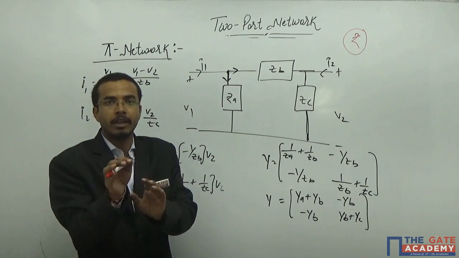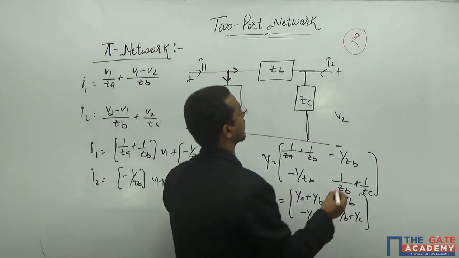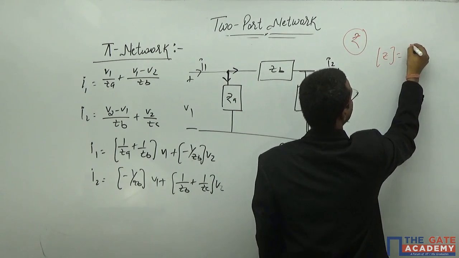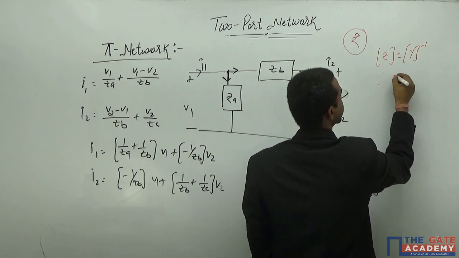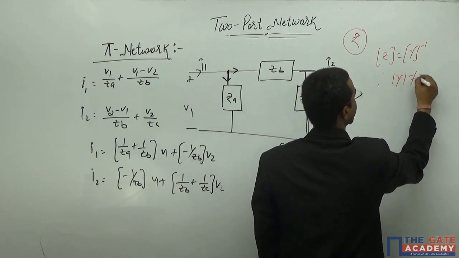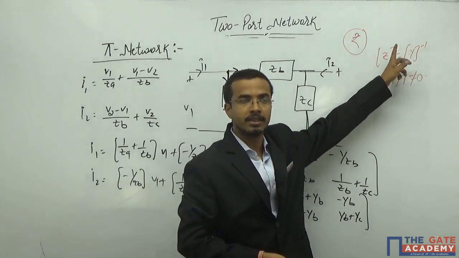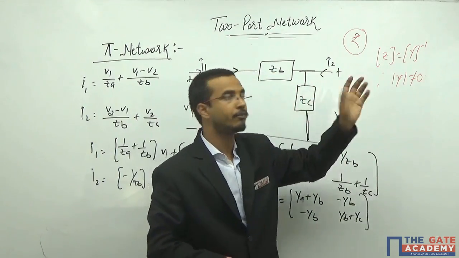If you interchange the variables, you get from Y to Z. That means you can calculate this: Z is equal to Y inverse, but the exception condition is that mod of Y should not be 0. Similarly, vice versa also: Z inverse will be Y when mod of Z is not 0. That is why these are invertible to each other.